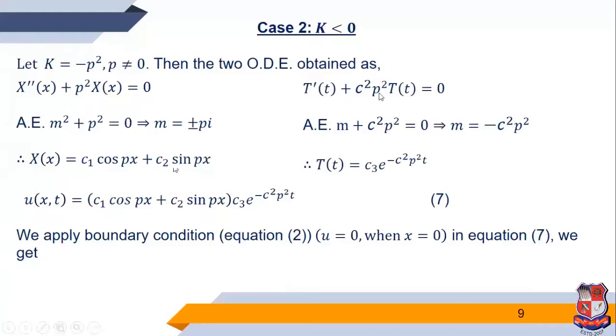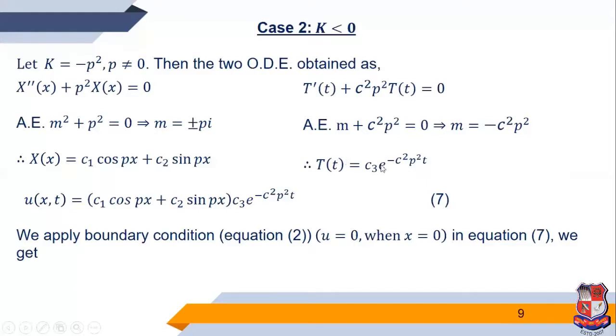In the second ODE, T dash plus c square p square T is equal to 0. This is a first order ODE. So m is equal to minus c square p square. Then the solution is T of t is equal to c3 e raised to minus c square p square t. So X of x and T of t are defined.